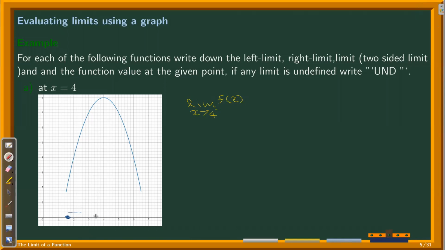When I am getting close to 4, this is the value that goes with the 4. If I am here, my value is right above, on the function, this value.